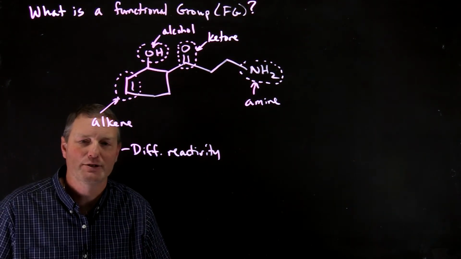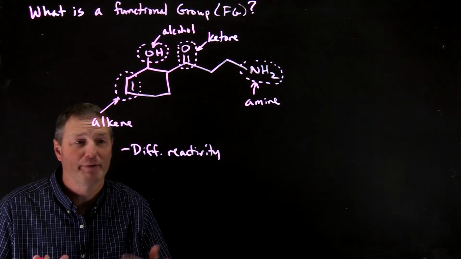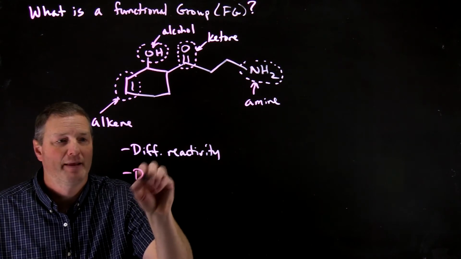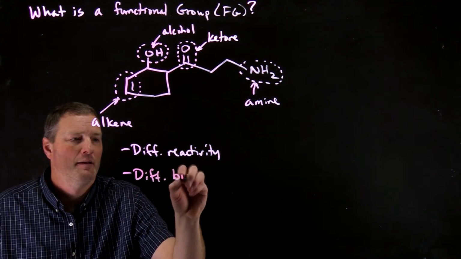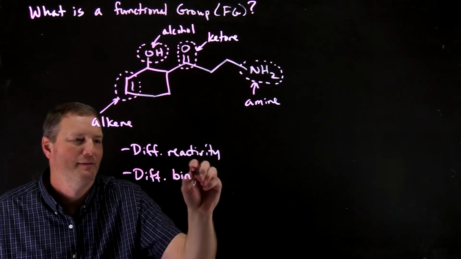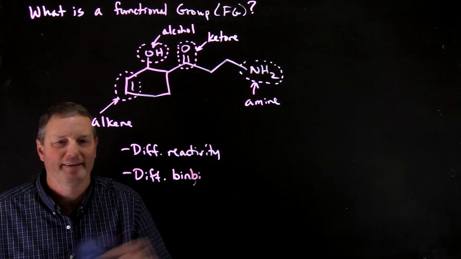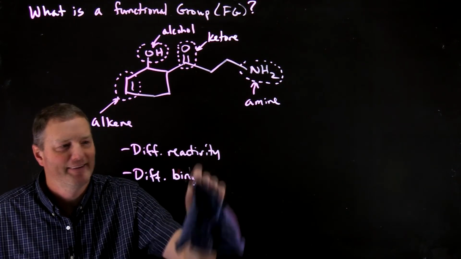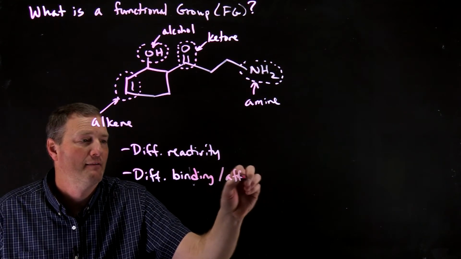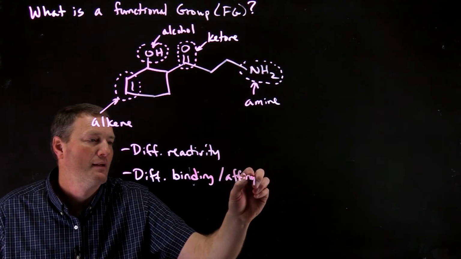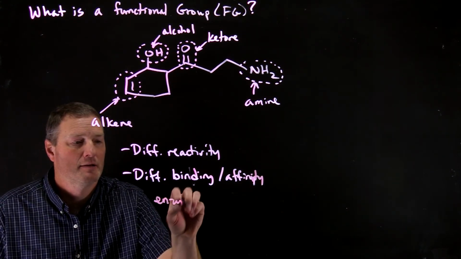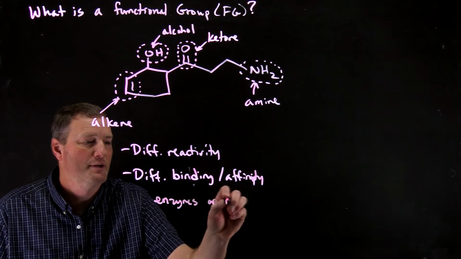So when we start getting into things related to health and medicine, this different reactivity often leads to different binding. So different binding, if I could spell right today. Sorry about that, guys. Or affinity, when it comes to binding, say, enzymes or receptors.